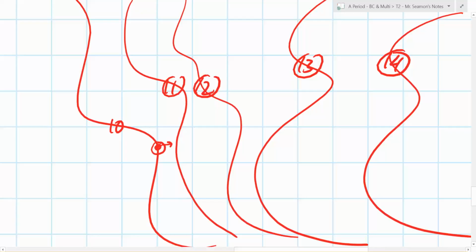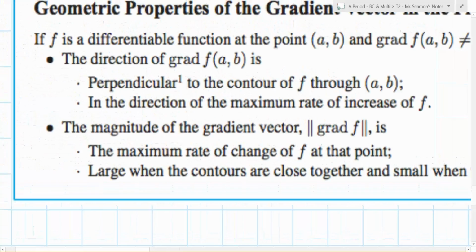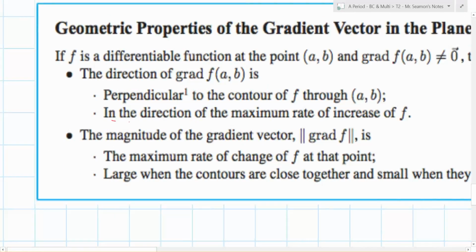That gradient vector is going to be perpendicular to the contour. That's what it's perpendicular to. That's what it means. It's in the direction of the maximum rate of increase of f. Yay, maximum rate of increase. So if you want to search for the steepest paths, guess what you get to do? Go in the direction of the gradient vector.